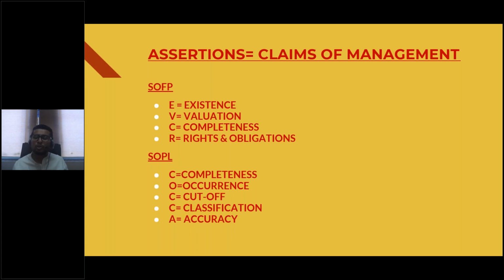Now, we want to verify whether the financial statements are representing a true and fair view. There is a very important terminology called assertions. What does assertion mean? Assertions are the claims of the management. These are the confident statements of facts and figures which are claimed by the management.